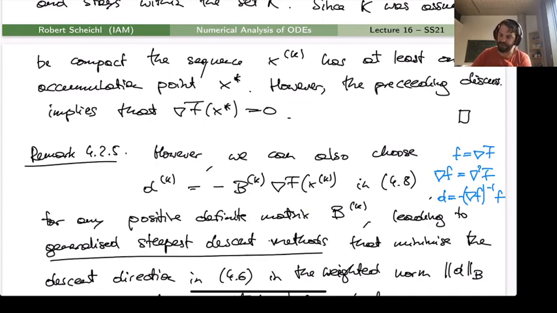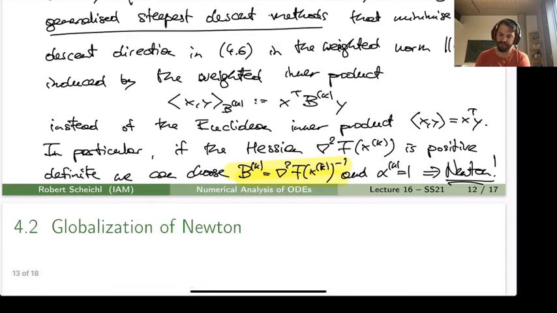And if we choose alpha to be 1, then we have recovered Newton's method. And in the next section, we'll derive this link in a slightly different way in order to, as it says already in the title, globalize Newton's method. So we want to basically converge from any starting guess.